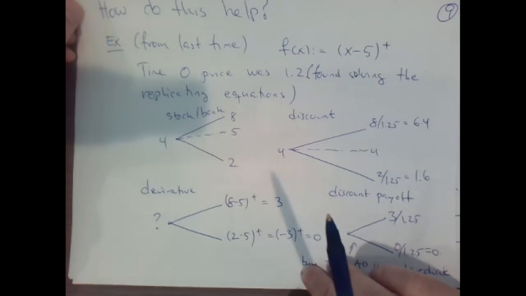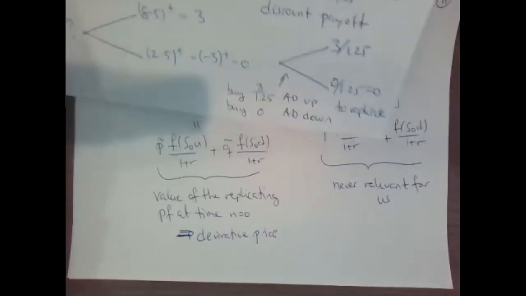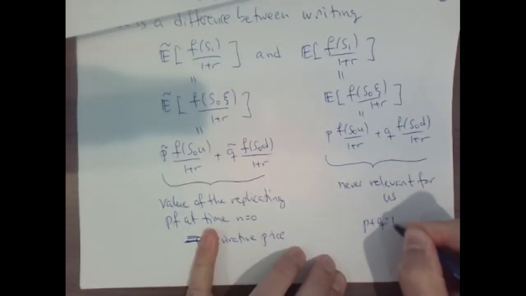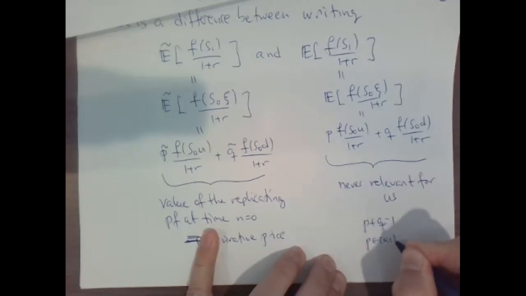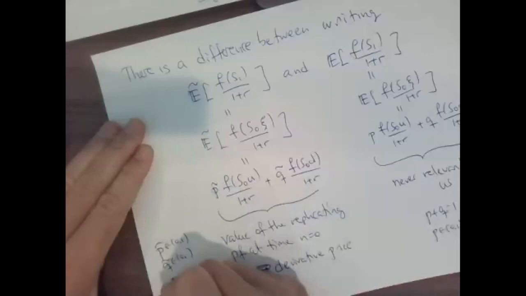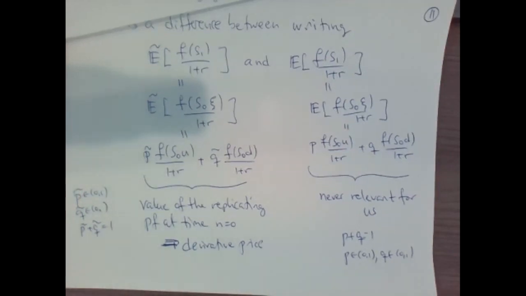But isn't the sum of P and Q always 1? Yes. So here, P plus Q is 1, P is between 0 and 1, and Q is between 0 and 1. And the same thing is true over here. P tilde is between 0 and 1, Q tilde is between 0 and 1, and they sum to 1. So that's correct.